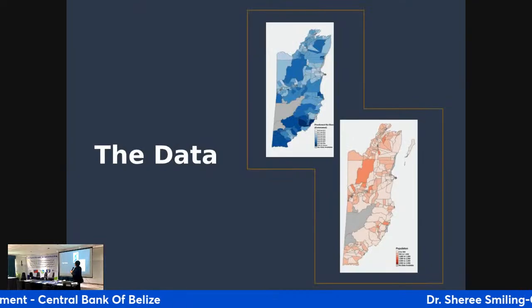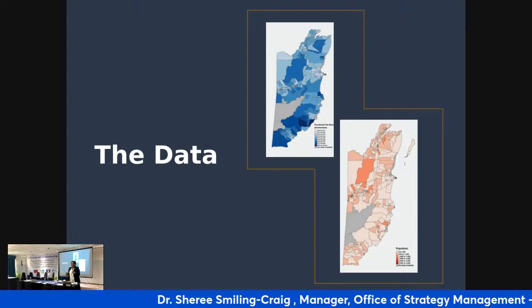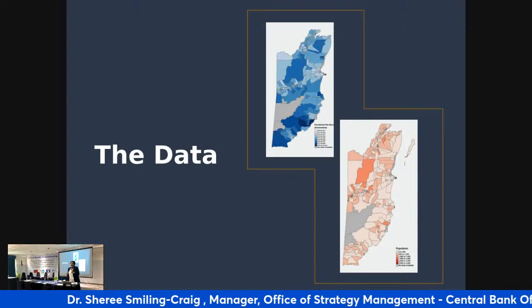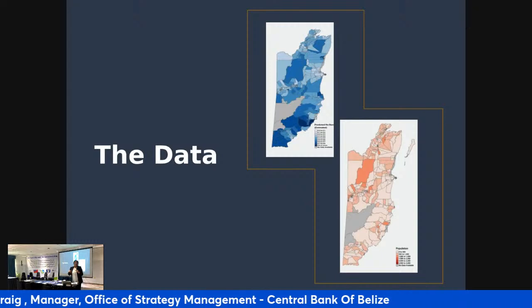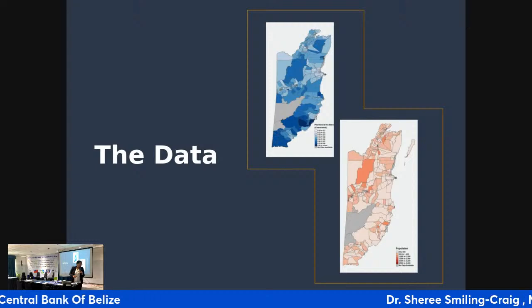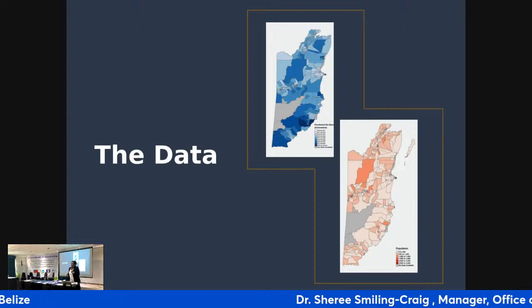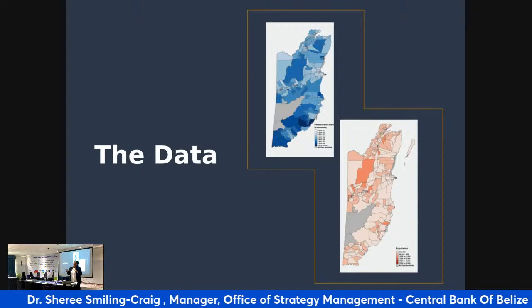And I can tell you these beautiful maps, the IDB helped us to use machine learning, small area estimation modeling, to know exactly which village or which area of our country has access to financial services, which has telecom, where there are, tell me another indicator, Jair.